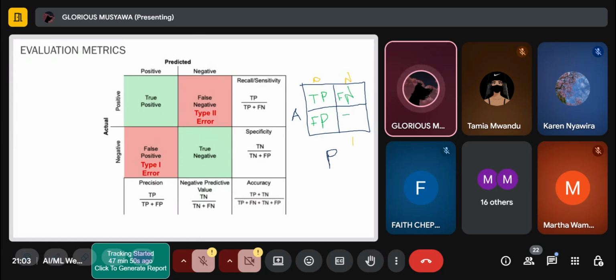This one is a true negative. So this is true positive, the right predictions. This one is a true negative. This is where the model has. How do you explain this in simple terms? Just a minute. True negative.